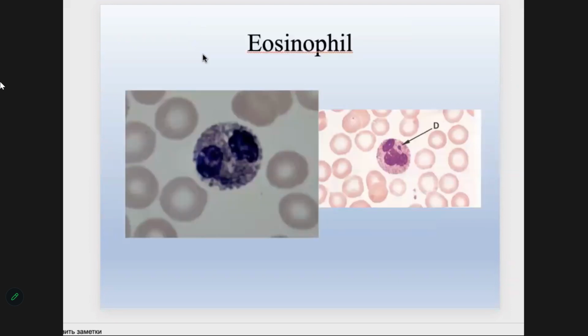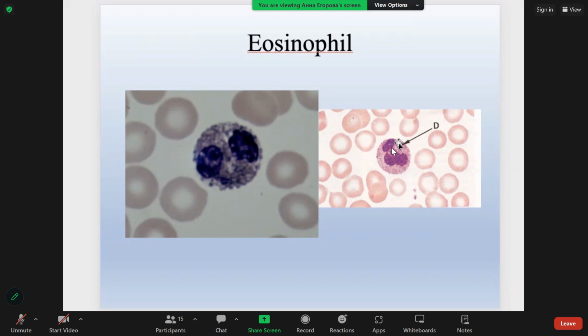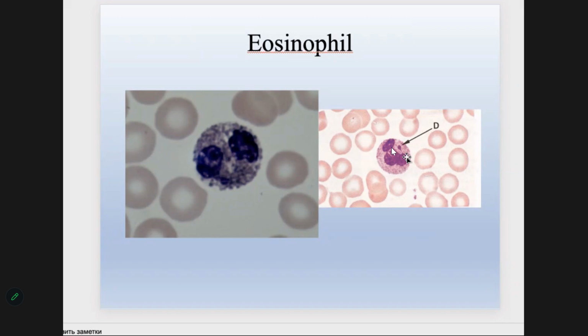The next granulocyte is named eosinophil. Look at the morphological characteristics of eosinophil. Usually we can see two segments in the nucleus connected by a bridge, a bisegmented nucleus, and the cytoplasm is filled by granules stained by acid dyes into a red or pink color.